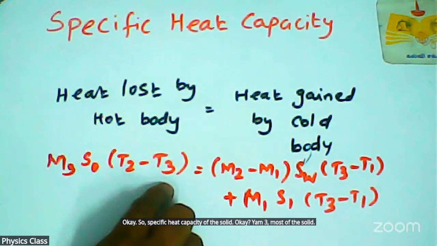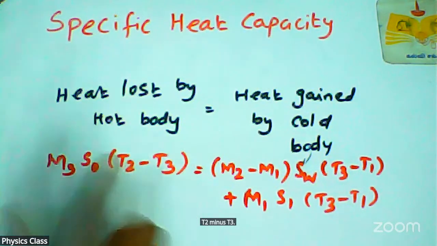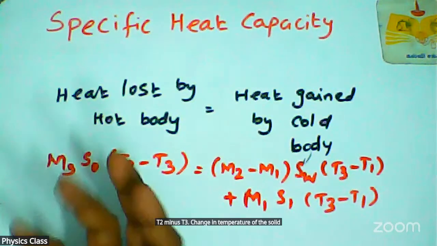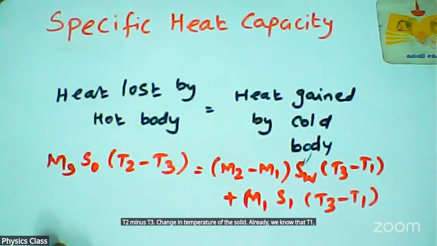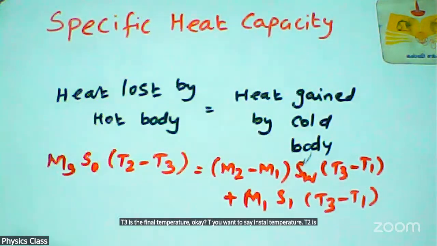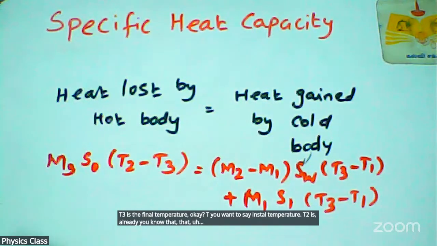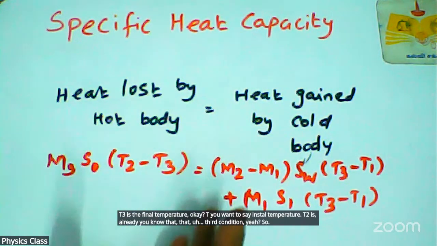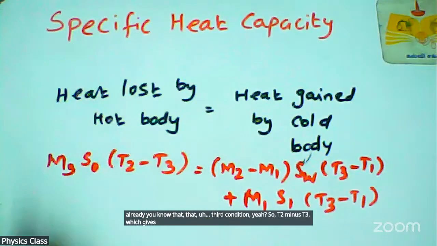T2 minus T3 is the change in temperature of the solid. T3 is the final temperature, T1 is the initial temperature, and T2 you already know from the heating condition.